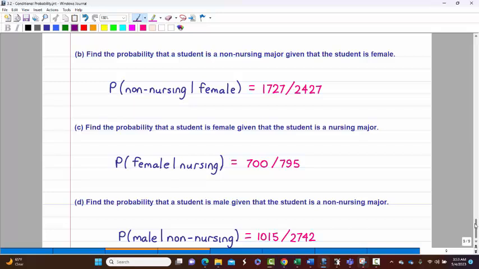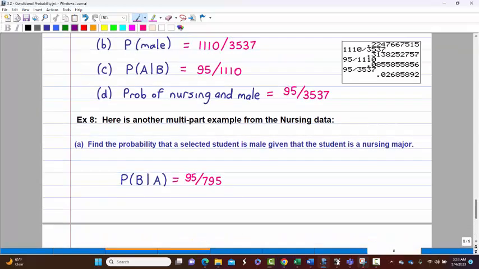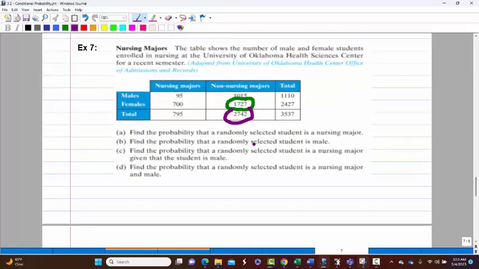Probability that they're female, given that they're nursing. So we only want to select from the nursing majors, which is right here. There's 795 nursing majors. That will be our denominator. So you look up and down that column, and which one's nursing, how many of those are females?